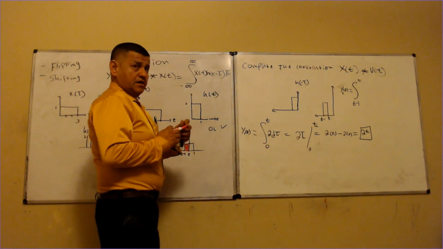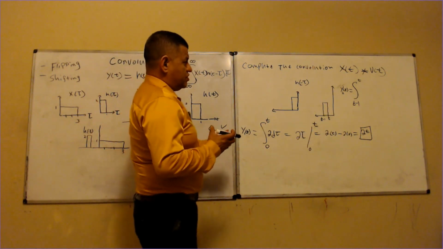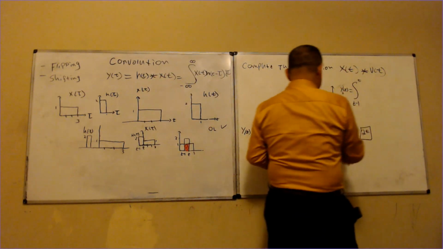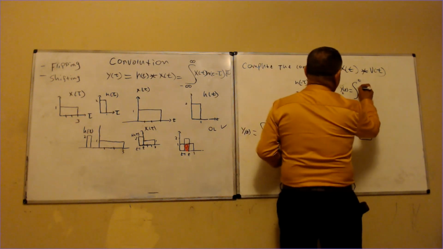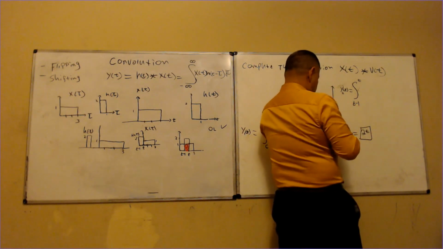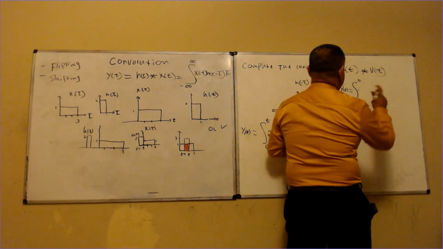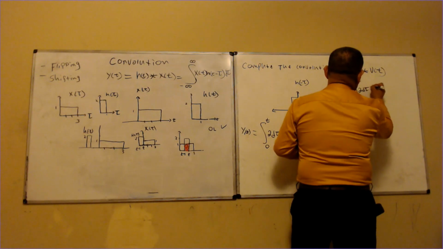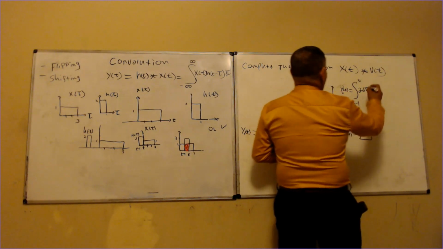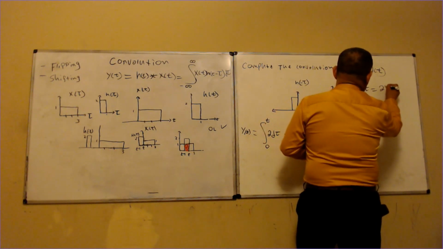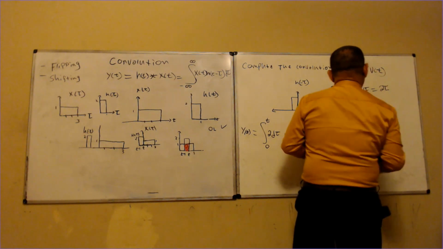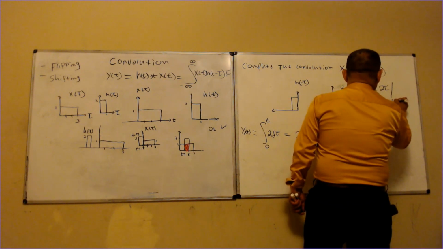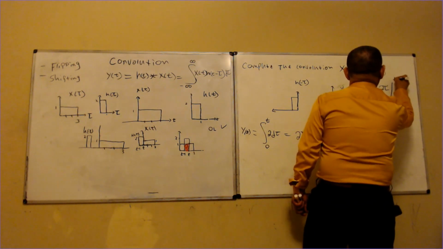So at this point, again, it's going to be the same thing. It's going to be 2 d tau, which is going to be equal to 2 tau, and evaluate it at t minus 1 to t.